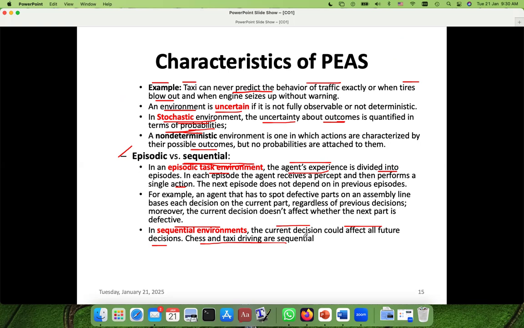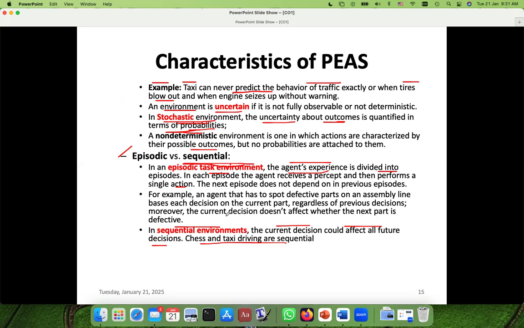For example, if you want to clean square B, it is not necessary that you first clean square A. So you can move toward square B first, clean it, and then come back. The states are not depending on each other, so that's why you can say episodic.